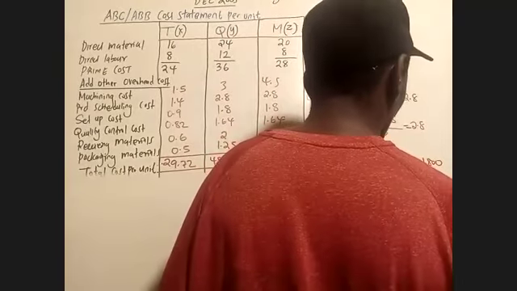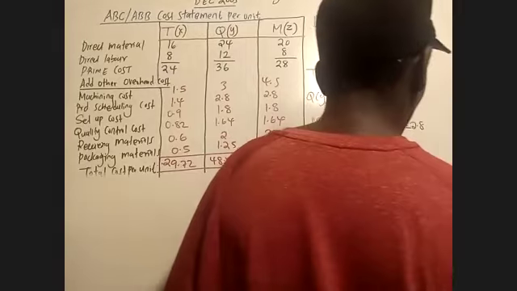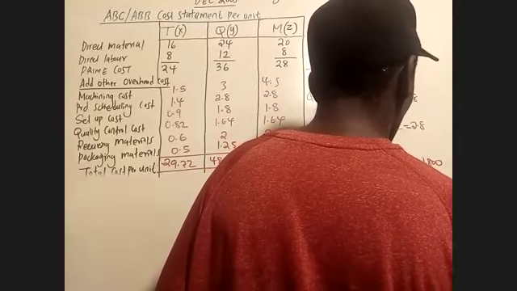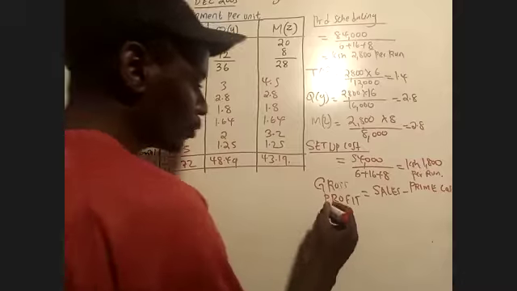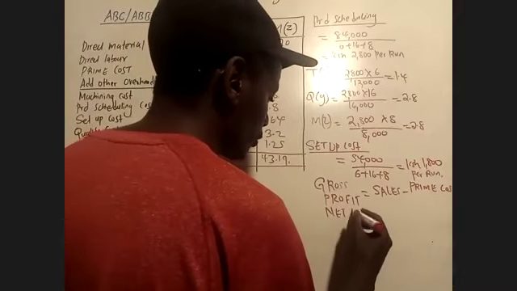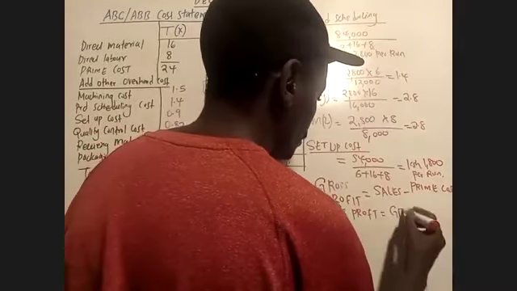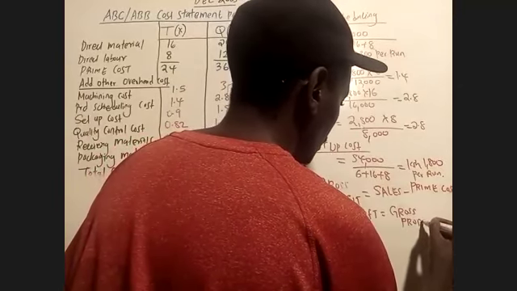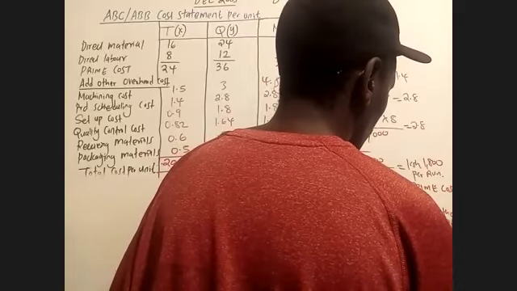Minus not contribution, minus prime cost. Divided per unit. But if you want to get the net profit, itakuwa ni gross profit minus other cost.